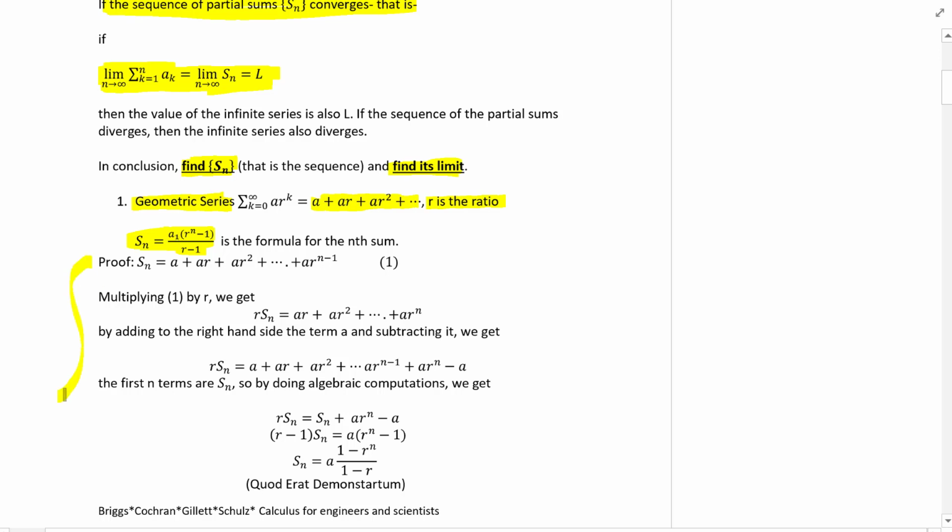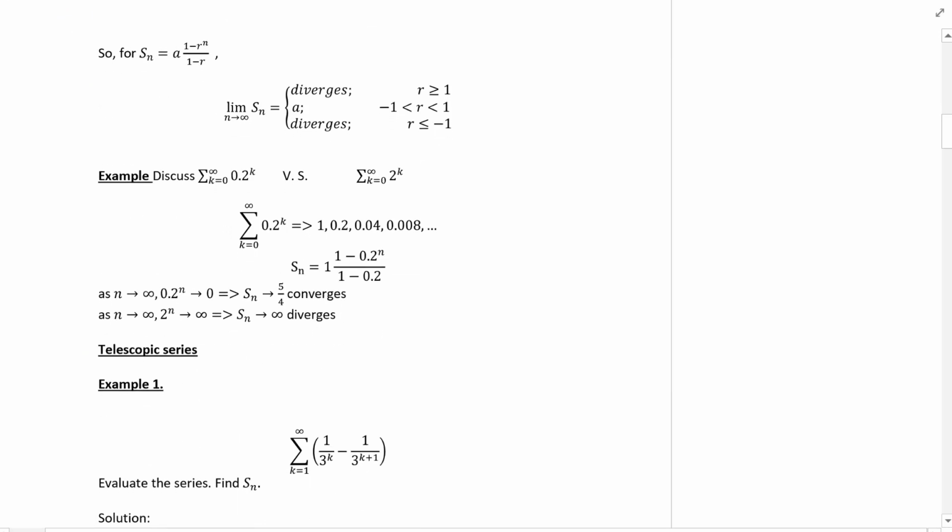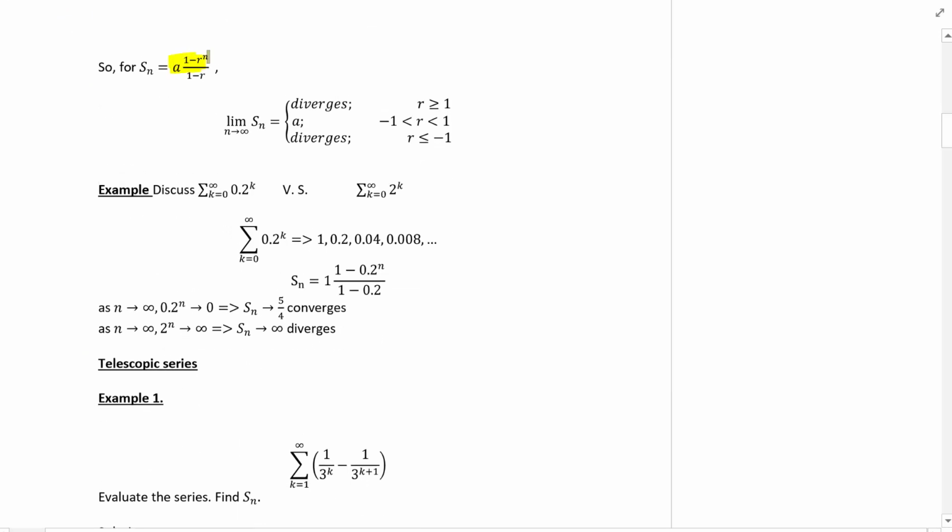And here is the proof of that formula, which I find interesting, so look over it. So now the sum of the n terms of a geometric series is going to look like this, or sometimes it's a times r to the n minus 1 over r minus 1, they're the same thing.